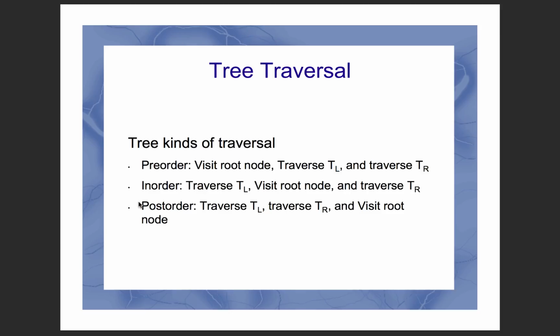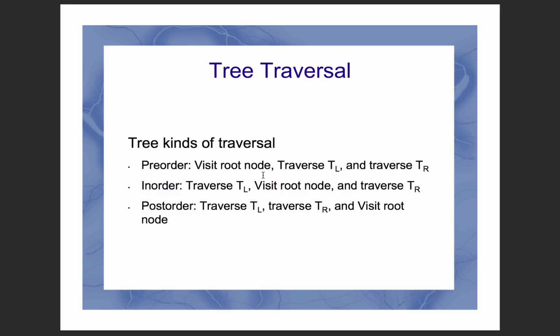The order depends on where you visit the root node. You always see that the left subtree comes before the right subtree, but the root node changes in each order.